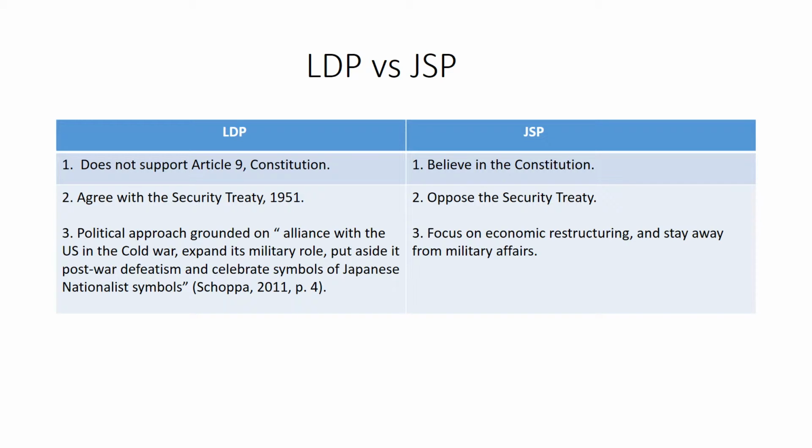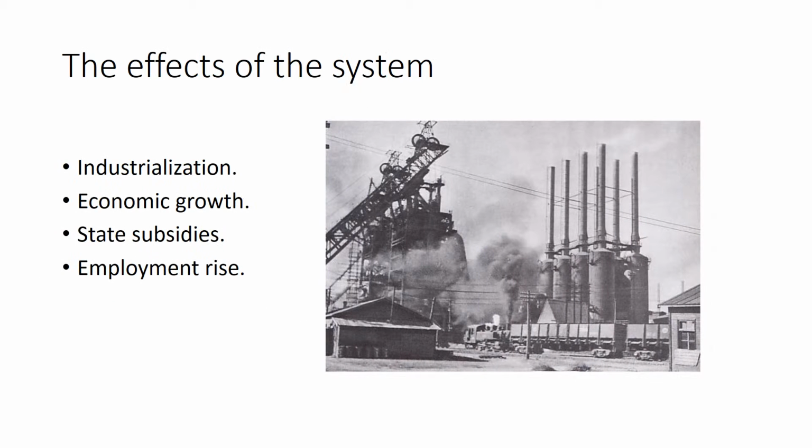As a whole, the 1955 system became a pillar for setting a new trajectory for a nation that would become one of the world's leading economies. The 1955 system opened a door for state subsidies, employment opportunity, and a rapidly growing economy.